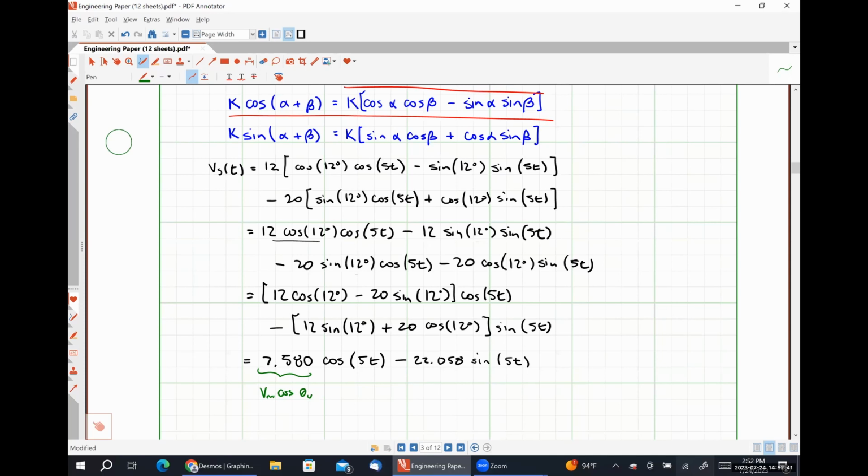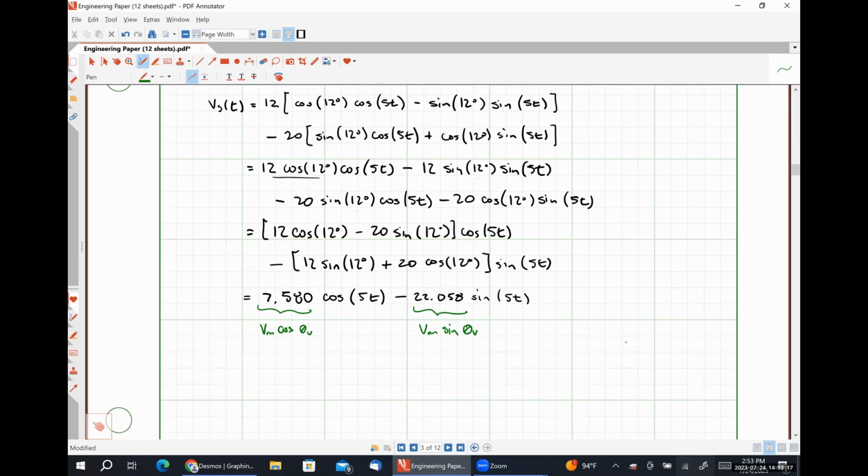And then I have minus k sine alpha sine beta. So this guy right here is going to look like Vm sine theta v, if I'm not mistaken. Trying to remember whether or not I'm going to mess things up with a negative sign here, but I believe it's going to work out okay. We'll see in a moment.